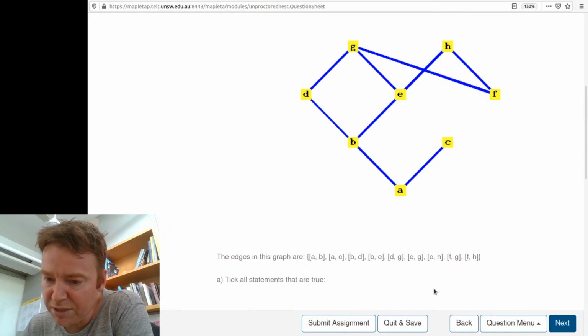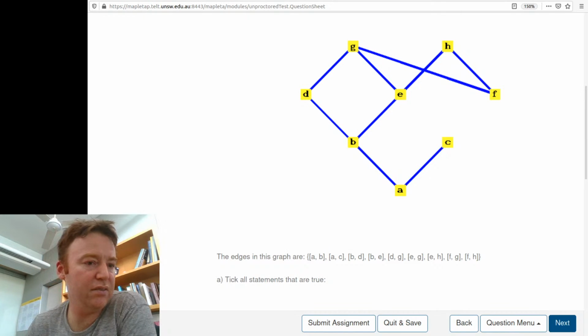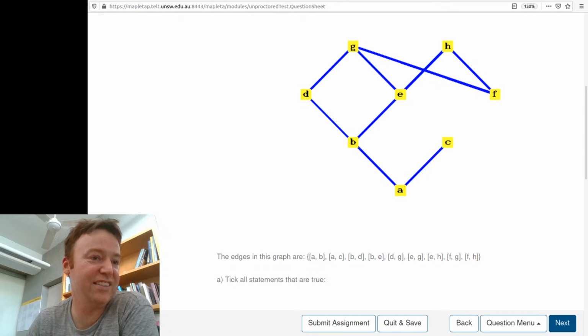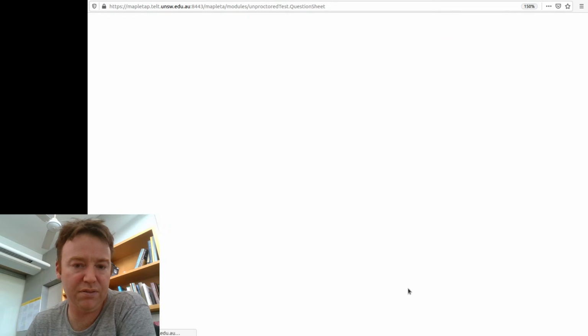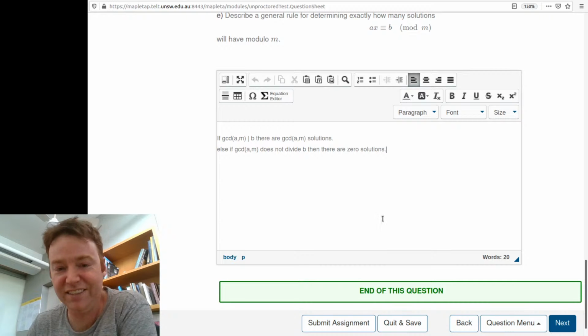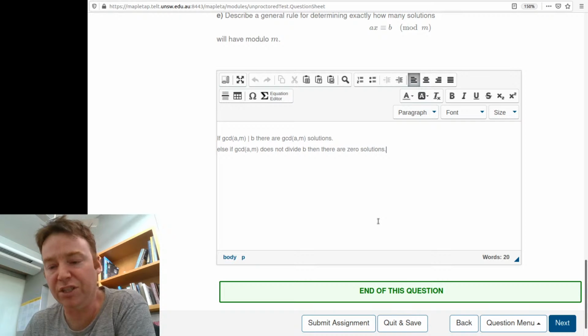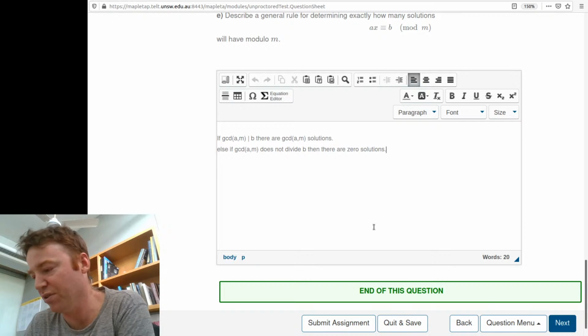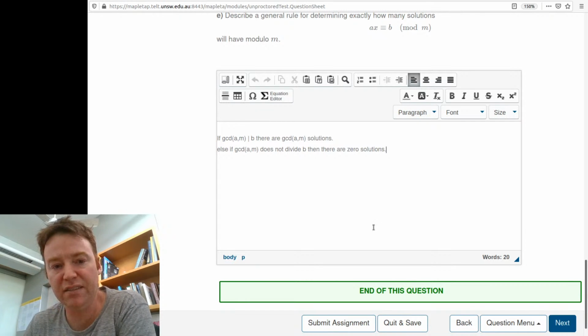Sorry, could you explain the criteria for choosing these numbers? That is the criteria. Sorry, I'll just bring that back, in the previous question. That's the criteria, right there. That's how I'm choosing. I'm looking at the GCD of A and M and comparing it to B and seeing whether or not it's going to divide.